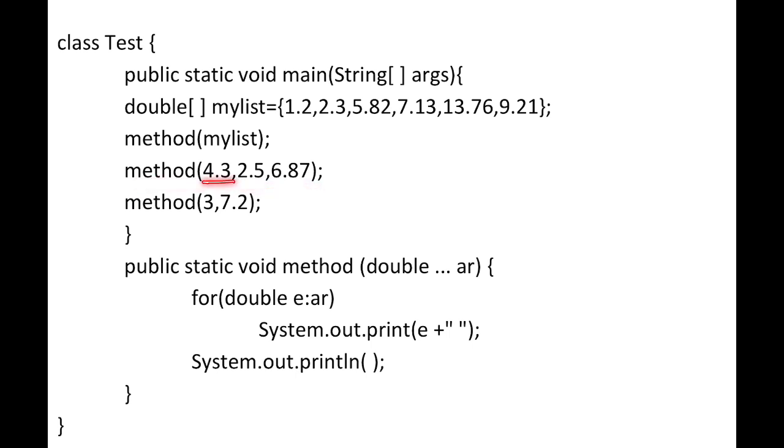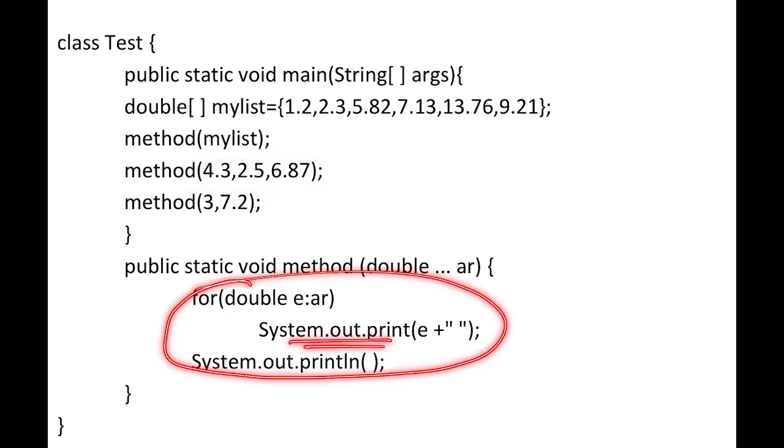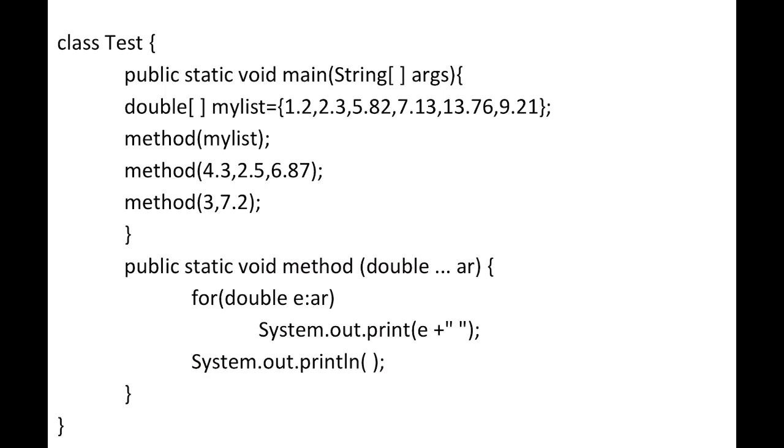That means we can pass 4.3, 2.5, 6.87. So we are passing 3 double values, and the method can receive these double values and store them in AR. So when we invoke this method, an array is created and the elements are stored in that array. Now using this for each loop, we are just printing the elements.